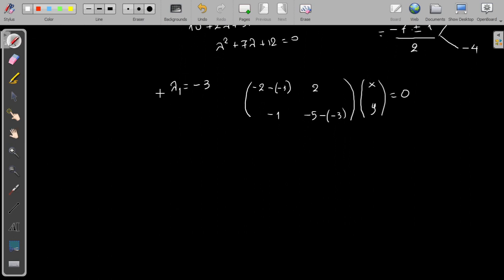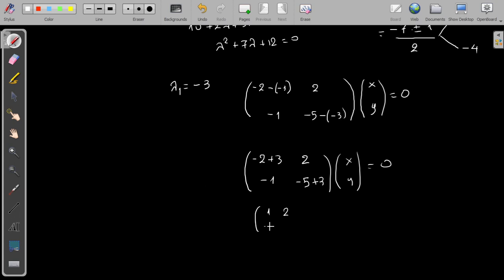So basically, from here I will have minus 2 plus 3, 2, minus 1, minus 5 plus 3, times x, y, which is 1, 2, minus 1, minus 2 times x, y equals 0.